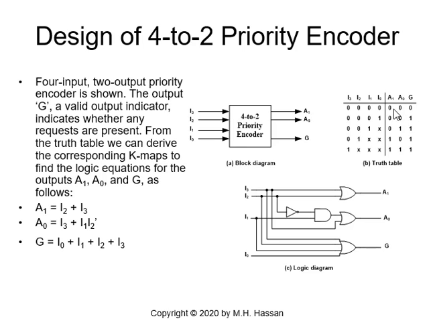Now, once I0 requests a service, so it's 1, the output will be 0, 0, which indicates we are acknowledging I0. This is the code for I0, and G is 1, to indicate there is an active and valid output. So G will be 1.